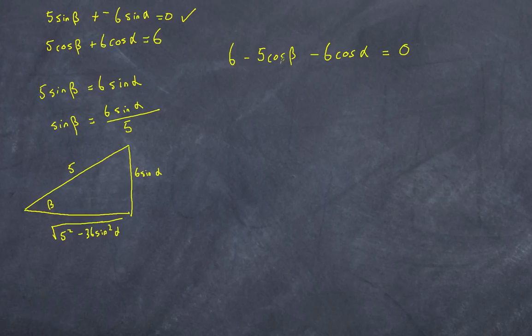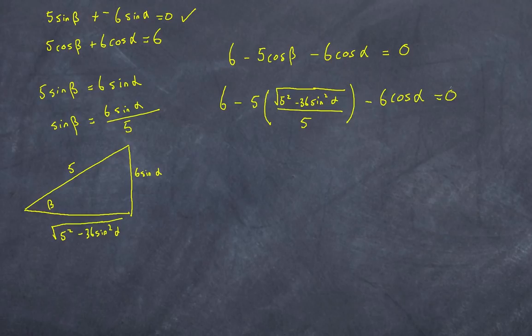But I now have a relationship of cosine beta with reference to alpha. So I have 6 minus 5 multiplied by, now the cosine of beta in this case is equal to the square root of 5 squared minus 36 sine squared alpha, all over 5, minus 6 cosine alpha.